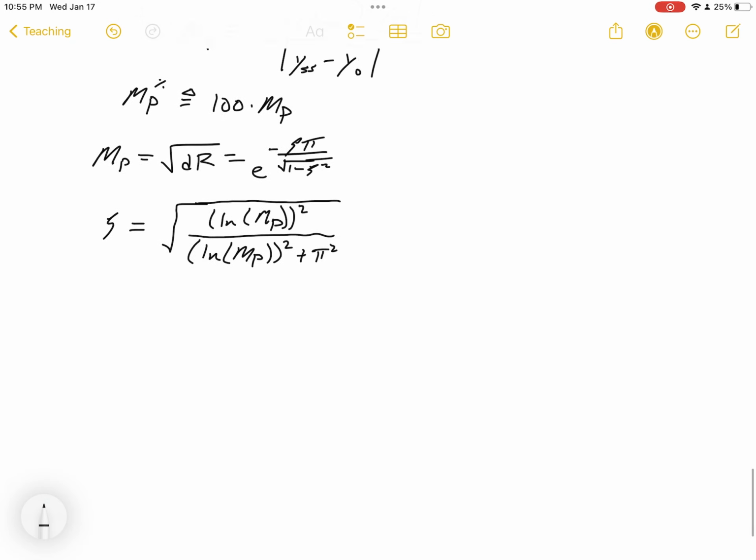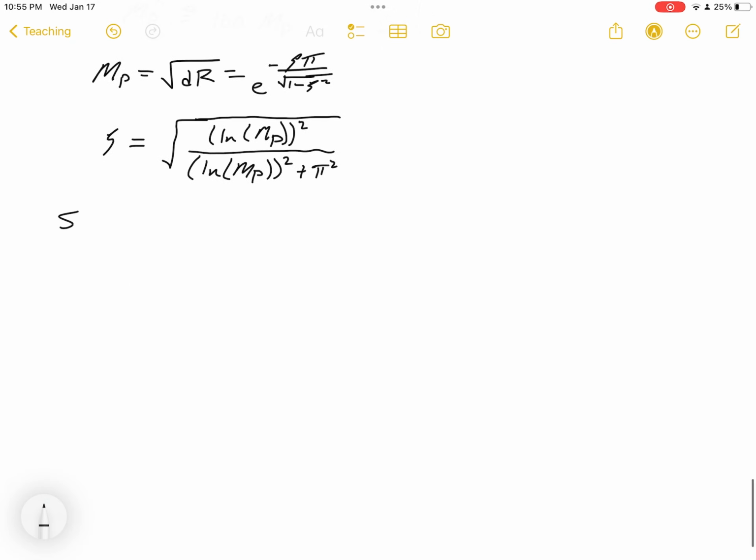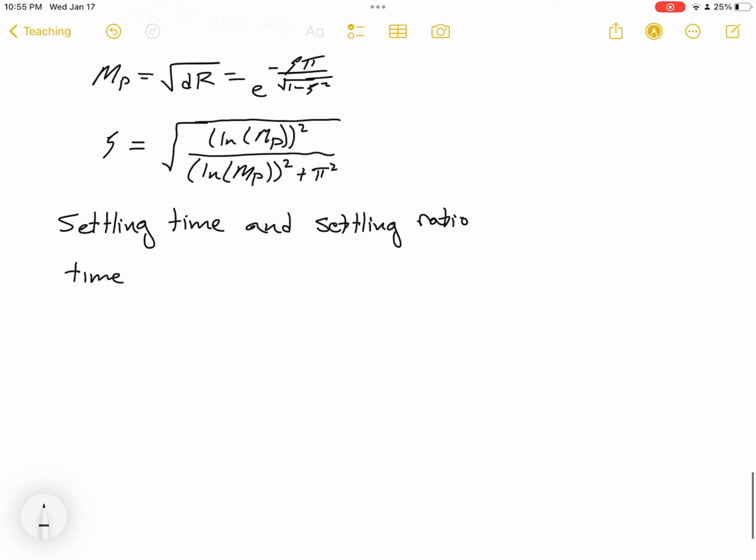The next quantity that we'll be discussing is the settling time and also the settling ratio. So the settling time is the amount of time required for the system to settle to basically close enough to the steady state value. And that close enough is defined by the settling ratio.